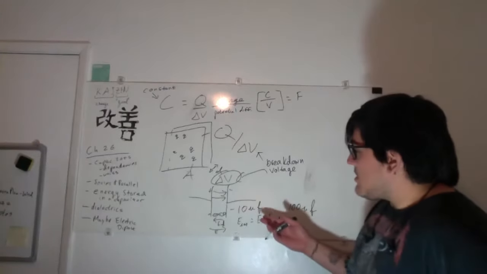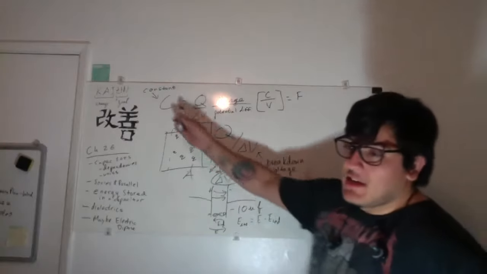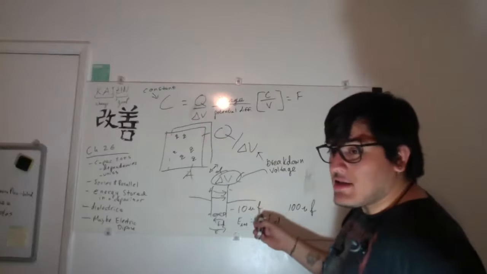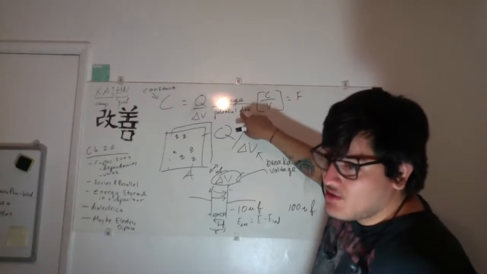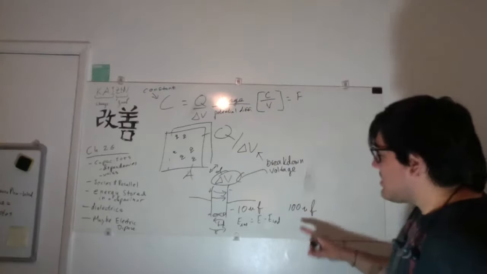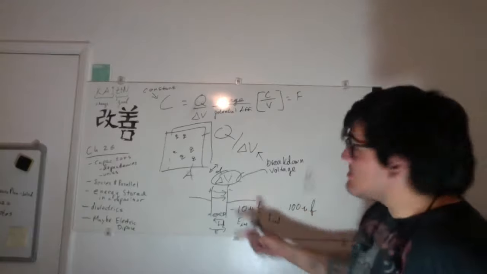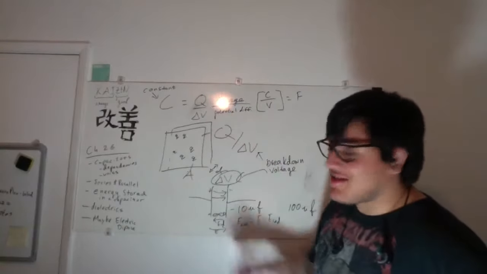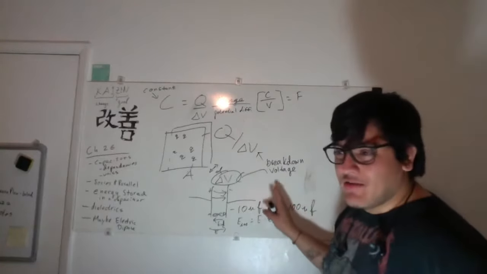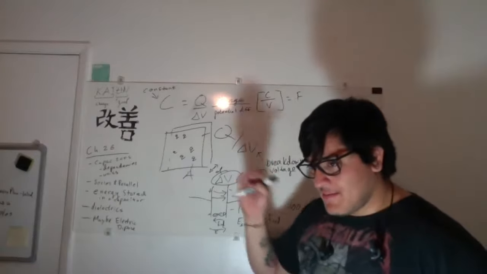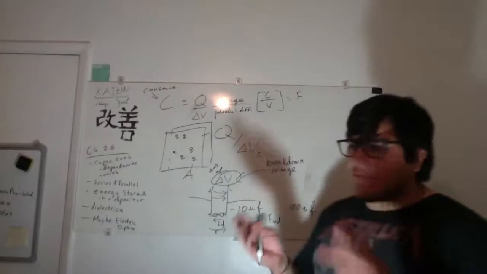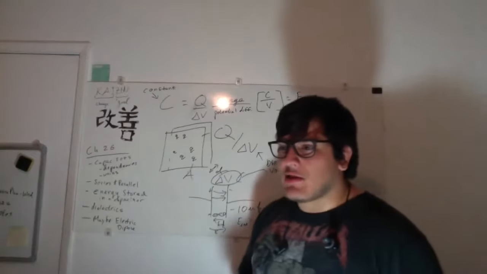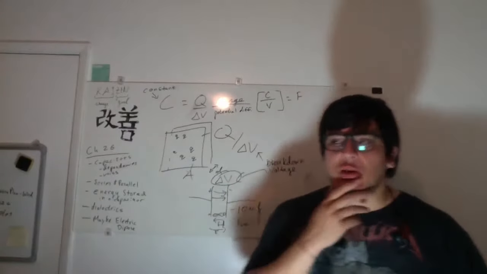So C will be less, so therefore it cannot hold as much charge per potential. If you have more capacitance, you can hold more charge, but then the breakdown voltage will be different. So that's what breakdown voltage is. You can get asked this on the exam, I think so.